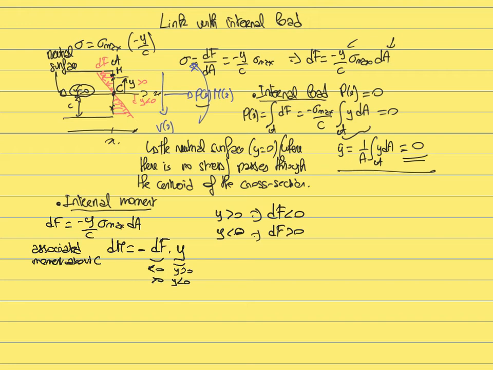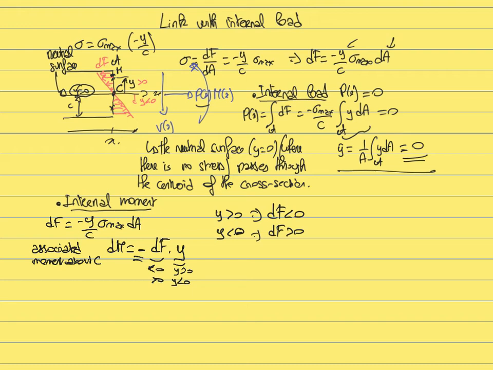And if I look at the moment that is created by the force dF, it's still going to give you a positive moment about C. So I still need this minus sign here so that I always get a positive moment, whether y is positive or y is negative.